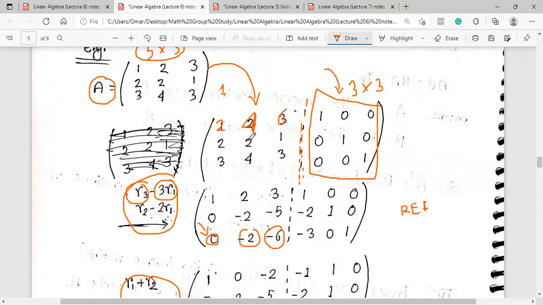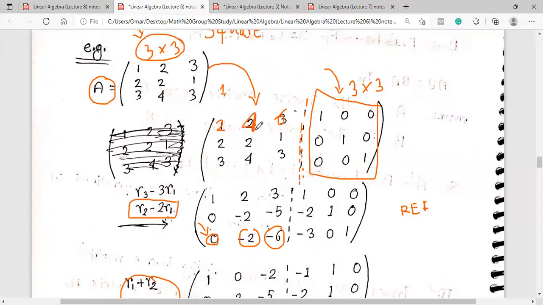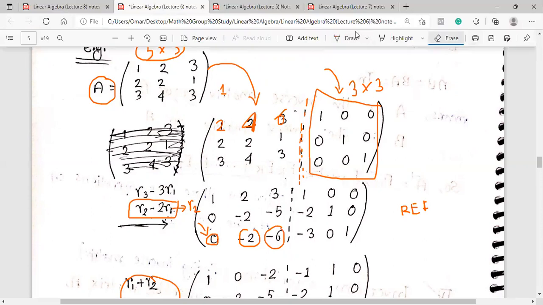And then if you subtract the first row from the second row, and input the value to the second row, so 2 minus 2, that is 0. So you just input the value on the second row. Then 2 minus 4, that is minus 2, and 3 minus 6, that is minus 3.